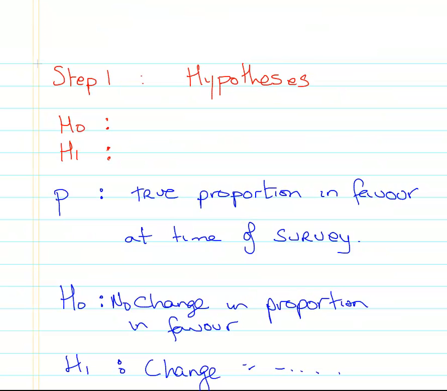First off, we're going to write out our hypotheses, and we always write out our hypotheses in terms of the parameter values. So I'm going to use P for the true proportion or the population proportion, which is different from the sample proportion. Some textbooks use pi. P or pi, much of a muchness.